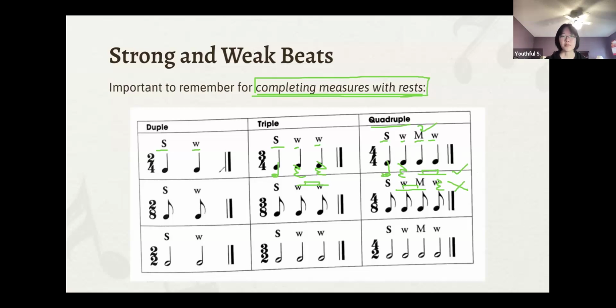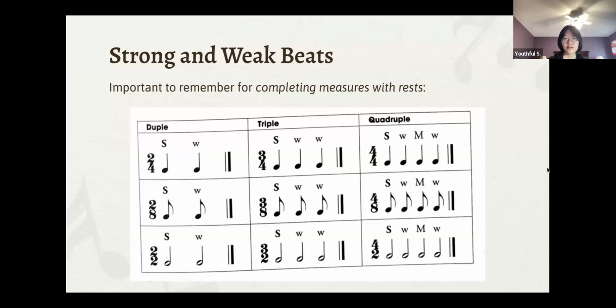So always remember, in the context of writing rests, you can combine a stronger beat with a weaker one, but since this is in an order, like 1, 2, 3, 4, this case here would be incorrect because you're combining this weaker beat with the medium beat that goes after, so it's the wrong order.